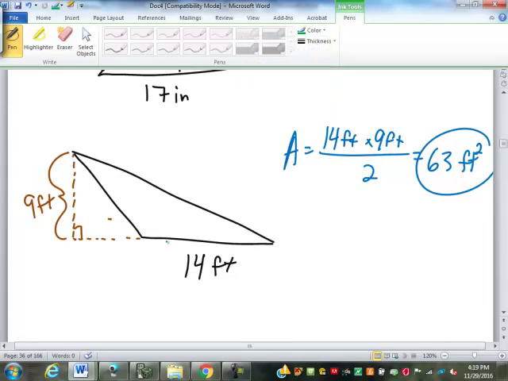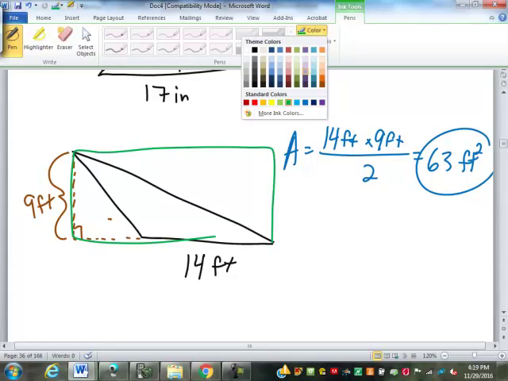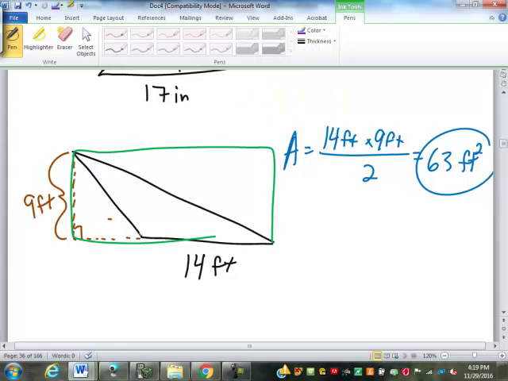Now looking at that, you're wondering, how is that really half of that related rectangle? Well, it's kind of hard to show, so don't necessarily write this down because it might be a little confusing. If I think of the area of this rectangle here, which is created by that base of 14 feet, it would be the big green rectangle minus this little red one, right?